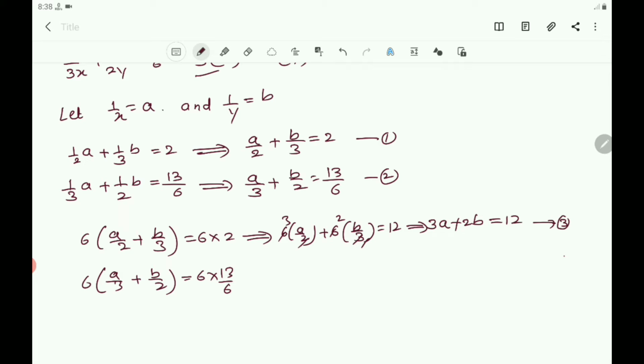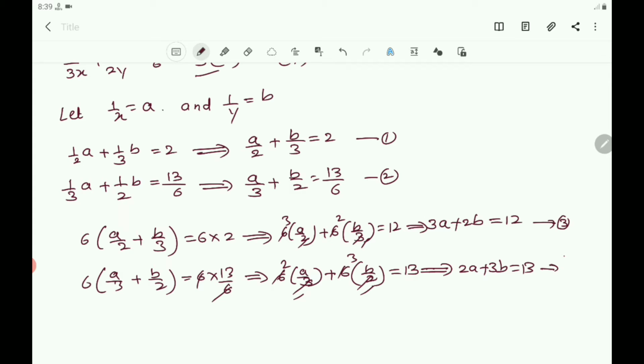Next, the second equation: multiply each term by 6, that is 6 into a/3 plus 6 into b/2 equals 13, since the 6 cancels. This becomes 2a plus 3b equals 13.